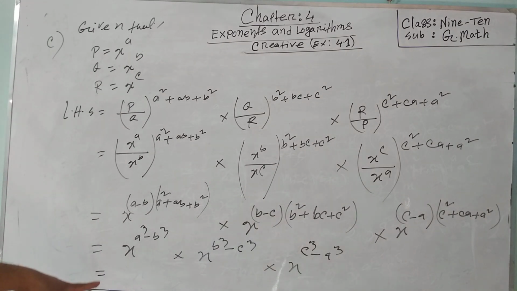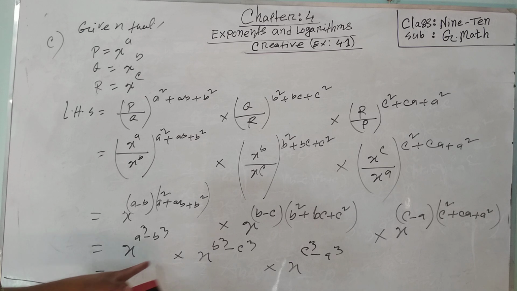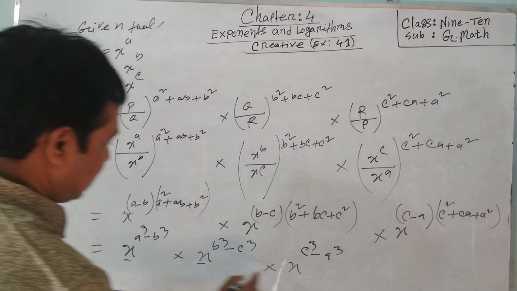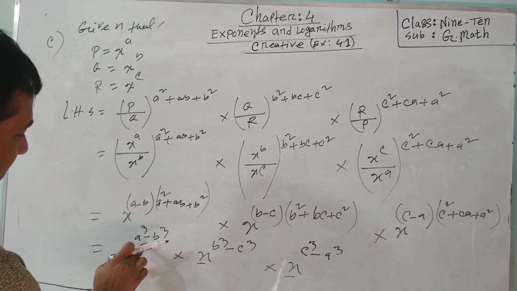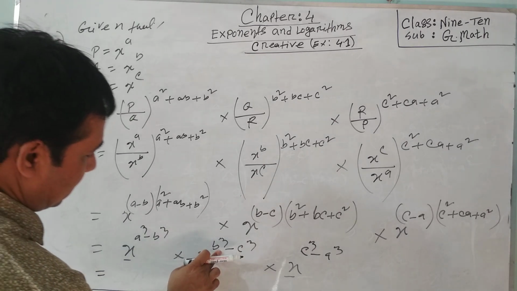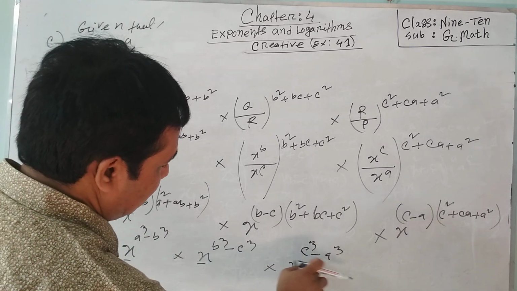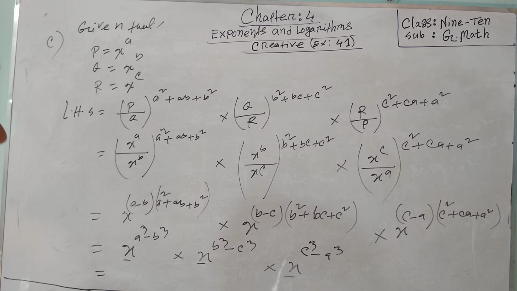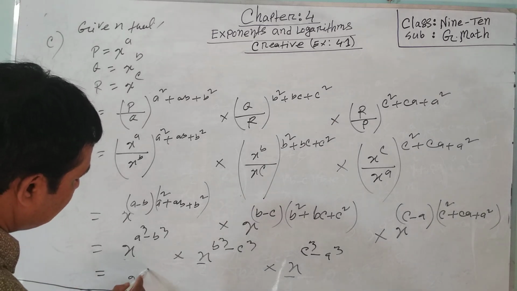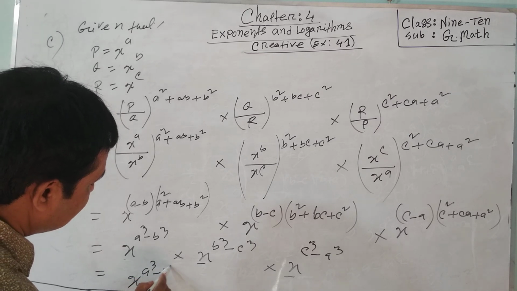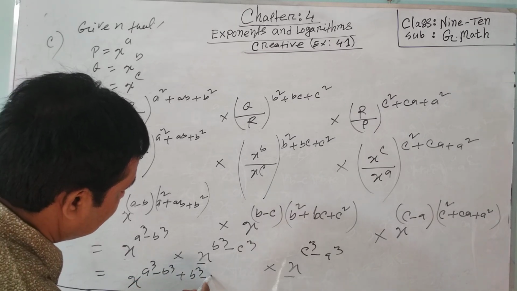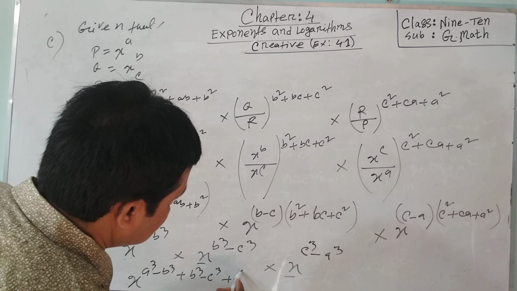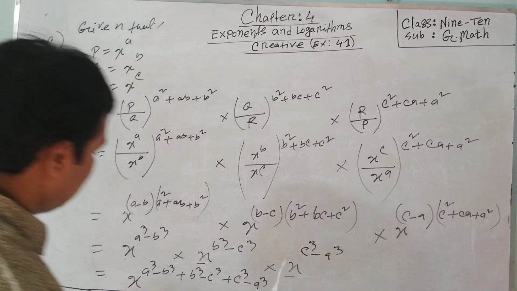Similarly, in the multiplication formula, when the base is the same, here the base x is the same, with powers a cube minus b cube, b cube minus c cube, and c cube minus a cube. All powers will be added when the base is the same. So x to the power a cube minus b cube plus b cube minus c cube plus c cube minus a cube.